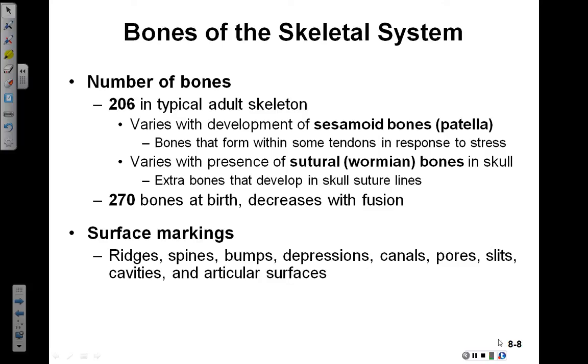Yeah. Right? Which one is lesser? Yeah, exactly. Greater, lesser. The lesser one sits a little bit below the greater. Greater tubercle, lesser tubercle. What part of the humerus is this?